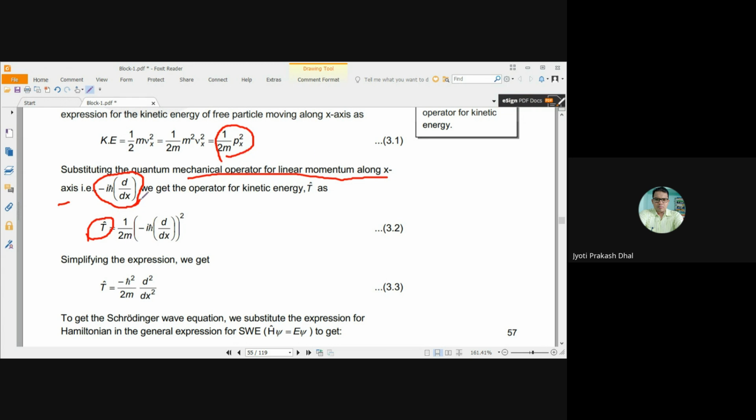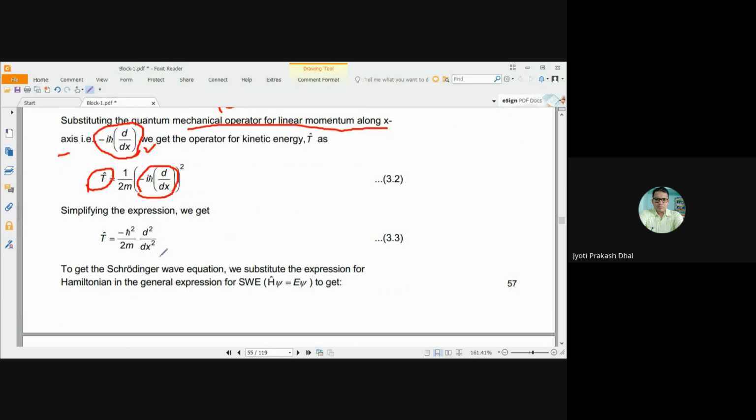In place of px we write minus i h cross d by dx, whole square. And simplifying this, we can write the kinetic energy operator T cap equals minus h cross square by 2m d square by dx square.